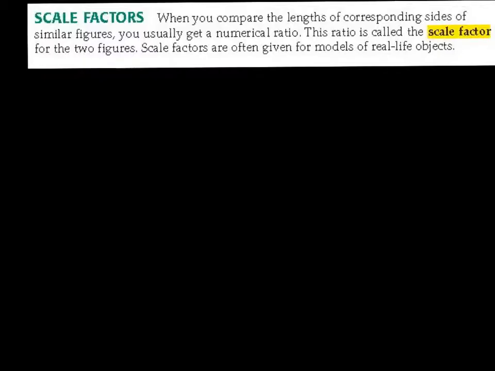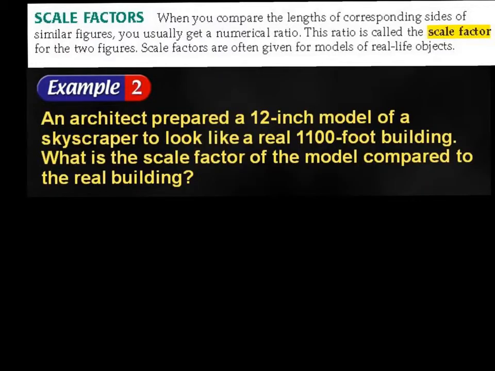When you compare the lengths of corresponding sides of similar figures, you usually get a numerical ratio. This ratio is called the scale factor for the two figures. Scale factors are often given for models of real-life objects. An architect prepared a 12-inch model of a skyscraper to look like a real 1,100-foot building. What's the scale factor of the model compared to the real building?